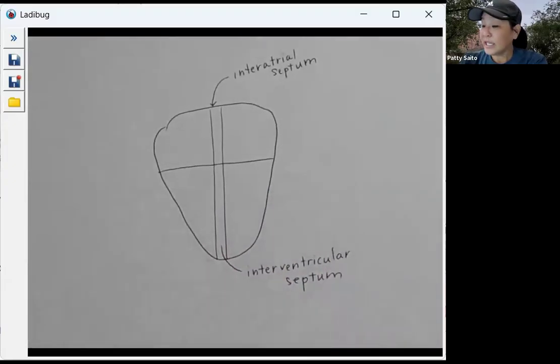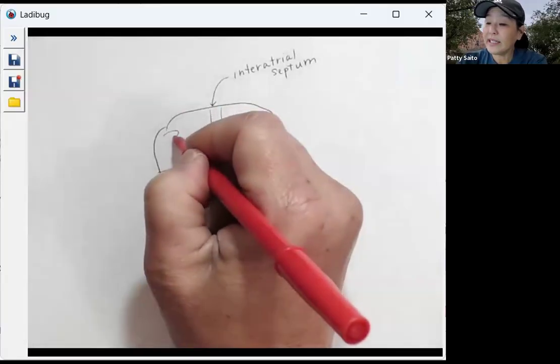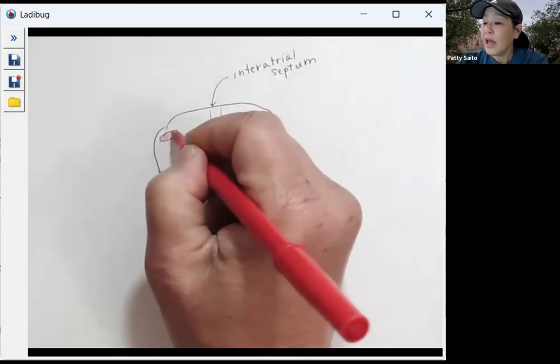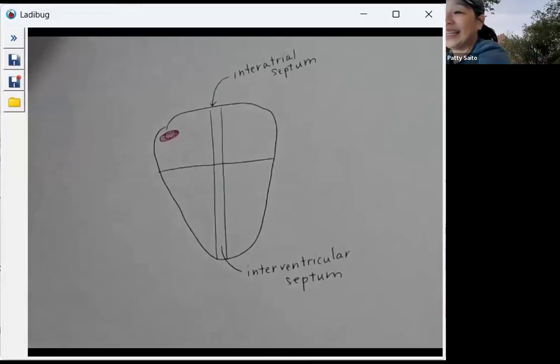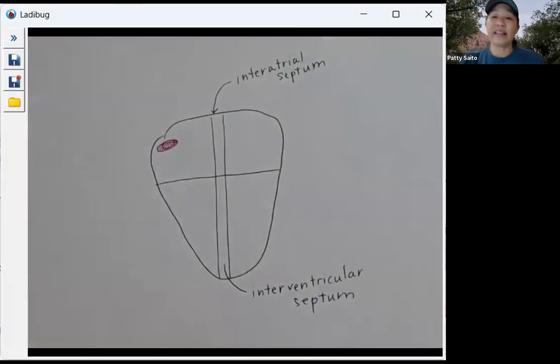The electrical conduction system begins in the right atrium. And when I say electrical conduction system, think of, we talked about it in the nervous system, right? How electrical impulses travel along neurons. Well, muscles are similar. They conduct electrical impulses that tell them to contract. And the heart muscle is no different.